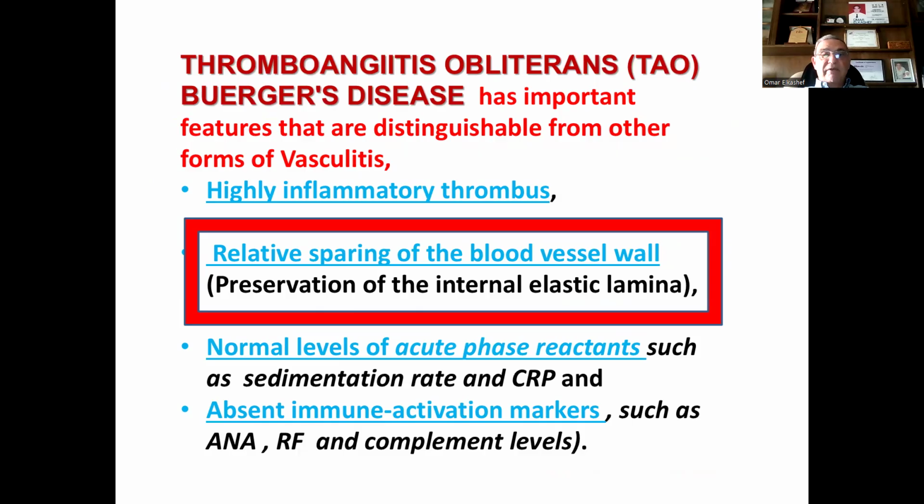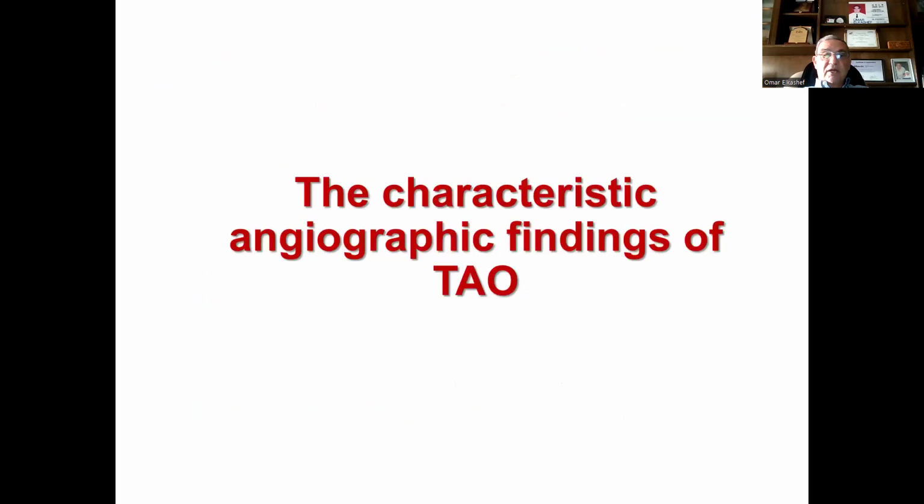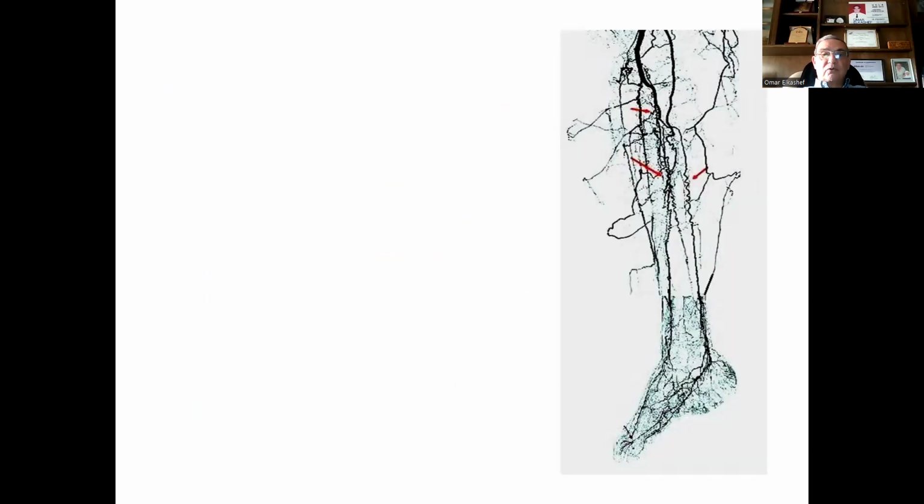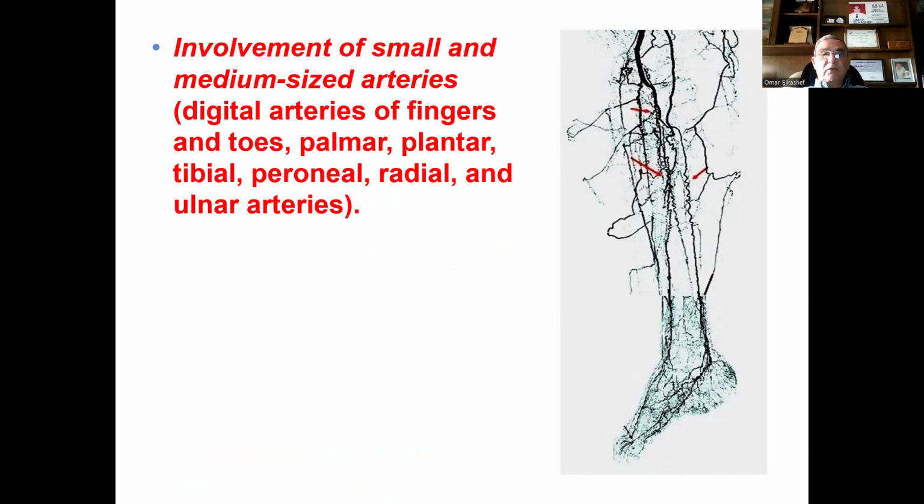It has highly inflammatory thrombus, relative sparing of blood vessel wall, preservation of internal elastic lamina, normal acute phase reactants, so you will find normal sedimentation rate and CRP, and absent immune activation markers such as ANA, RF, and the complement level.